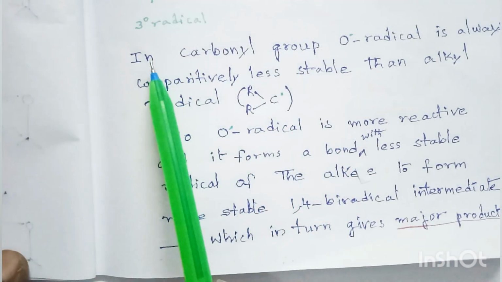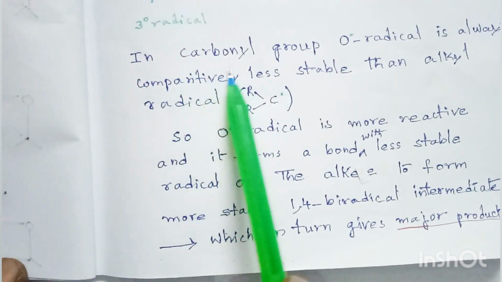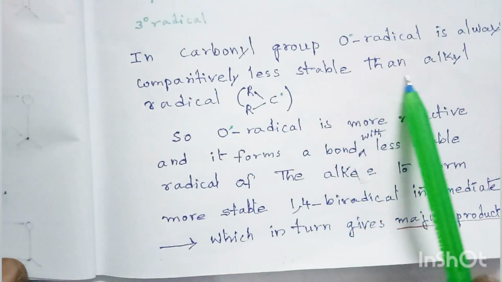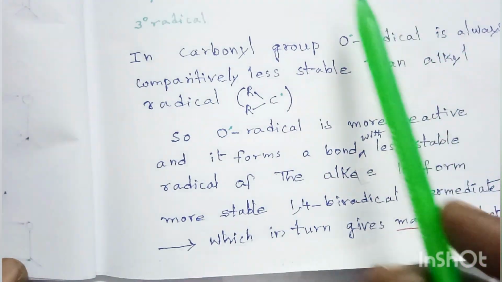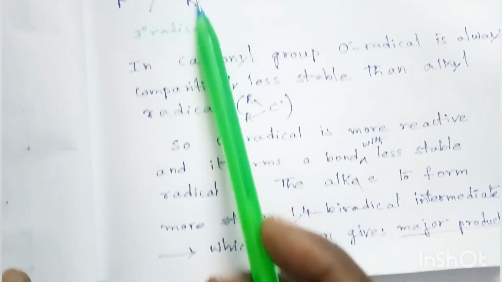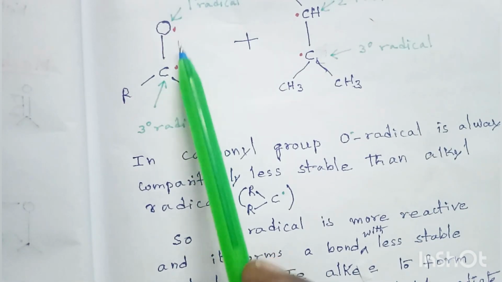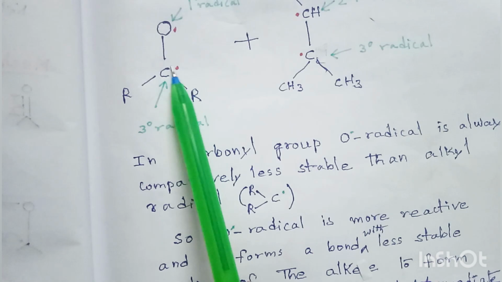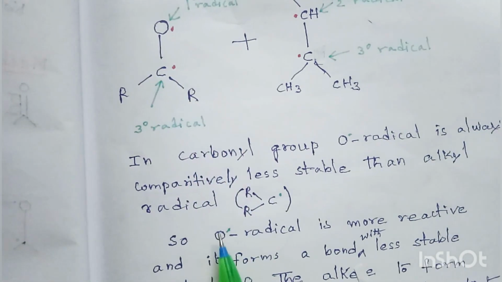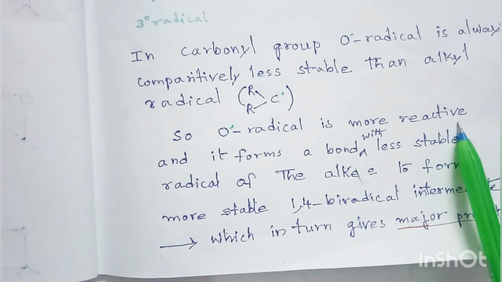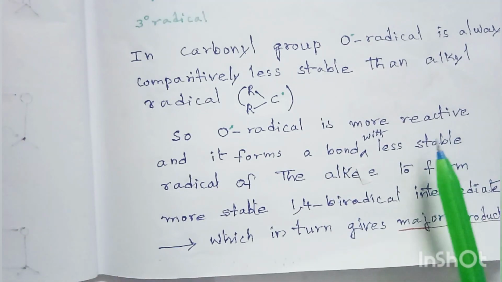So we can say that in the carbonyl group, the O radical is always comparatively less stable than the alkyl radical. See, this is the oxygen radical, which is always less stable than the alkyl radical of the carbonyl compound. So the oxygen radical is more reactive because it is less stable.